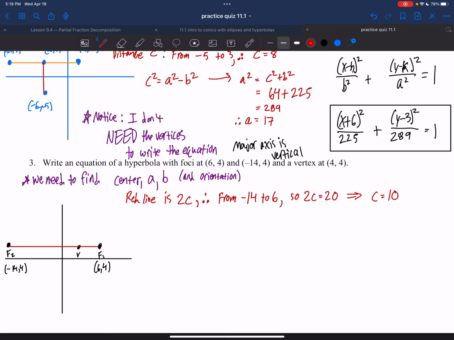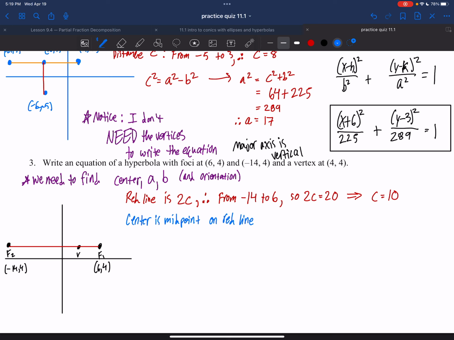Also, the center is the midpoint on the red line, because all of these features, both vertices, both co-vertices, both foci, are equally far from the center, or I guess each pair.